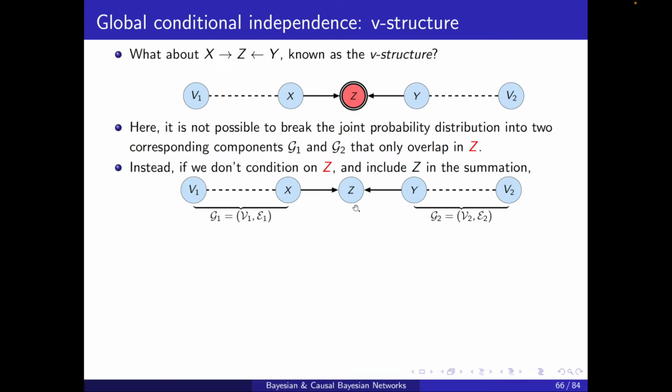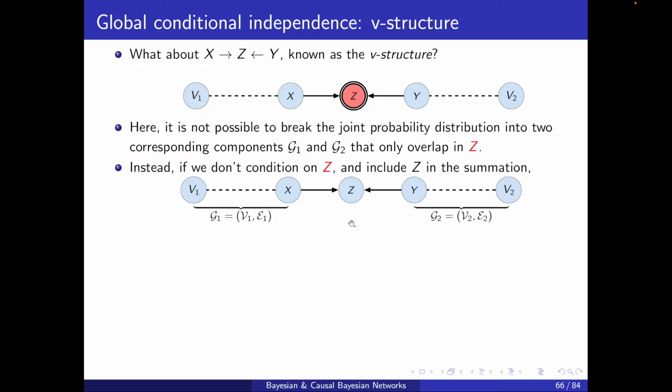But if I don't block Z, then all of the information from V1 will go into Z, and V2 will go to Z, so they don't pass to the other side, and they will become independent. This is only a way of looking at it that may perhaps simplify the understanding. It's no rigorous math.